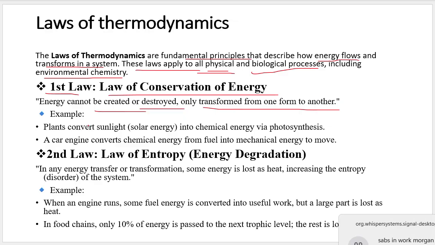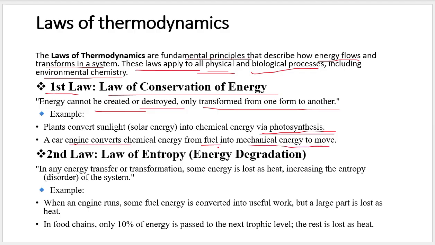For example, plants convert solar energy, sunlight, into chemical energy through the process of photosynthesis. Another example: a car engine converts chemical energy, that is fuel, into mechanical energy.